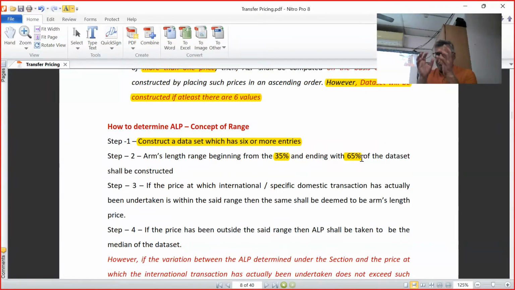If the transaction value falls within the range of 35 to 65, under the concept of range, accept it.